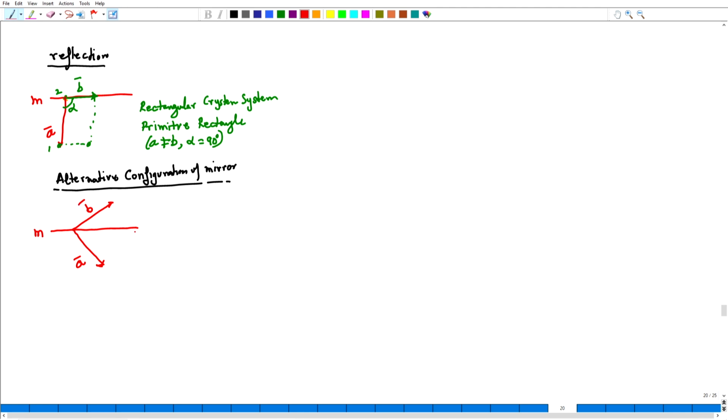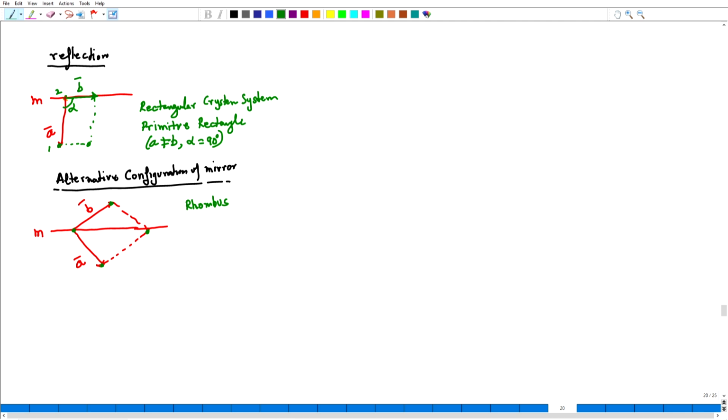Now, if I just want to create the unit cell out of this, I essentially get a rhombus and I can put the unit lattice points, creating a primitive unit cell, and this is shaped like a rhombus. So, what unit cell or what crystal system should I call this?